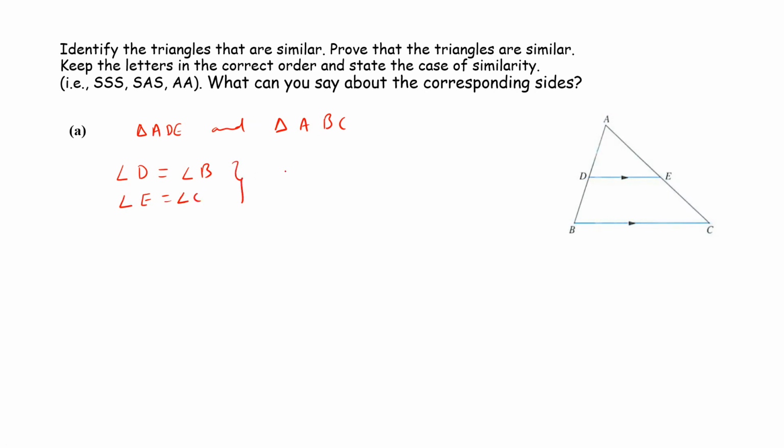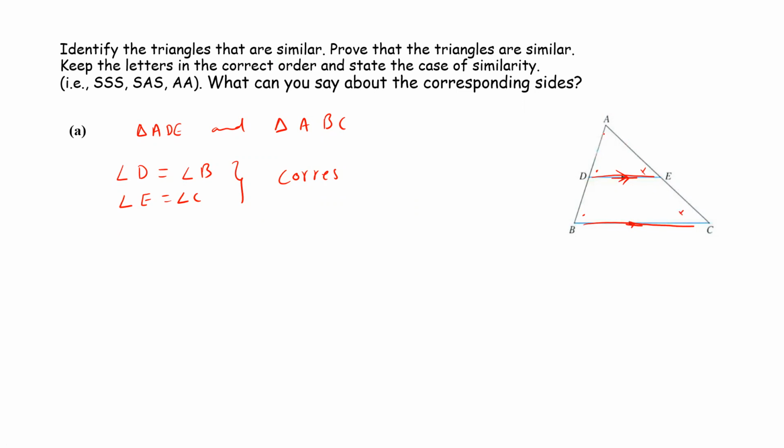The reason is that they are corresponding angles, also known as F angles, because you see there are parallel lines in this part. These two are the parallel lines and hence they will form the corresponding angles at this place, and this place, and this place.